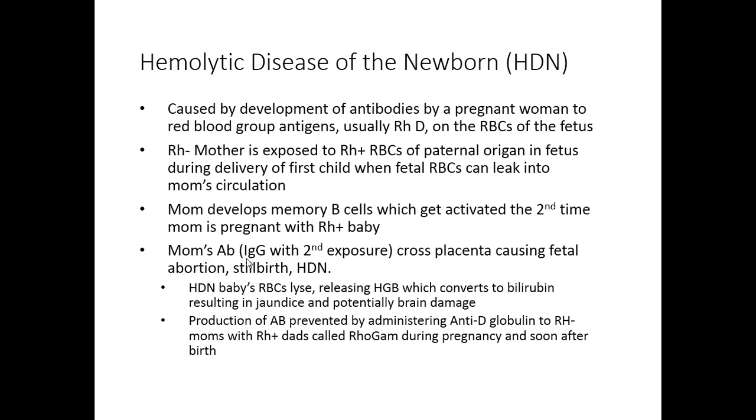And so the IgG that the mother produces on the second exposure with the second child crosses the placenta, causes stillbirth, miscarriage, or even hemolytic disease of the newborn, where the IgG from the mother is going to attack the red blood cells of the baby and lyse them.